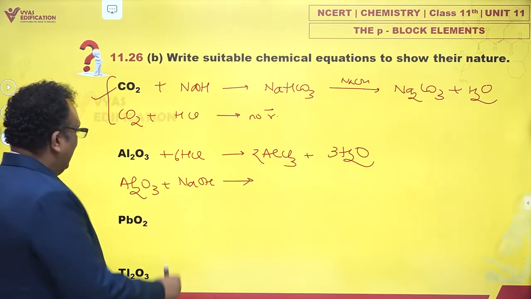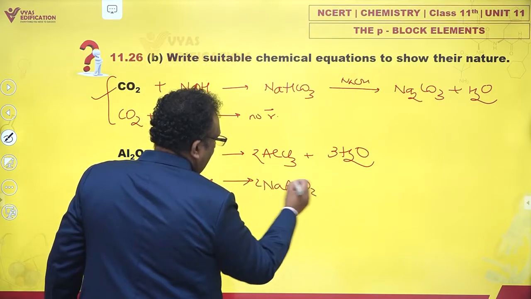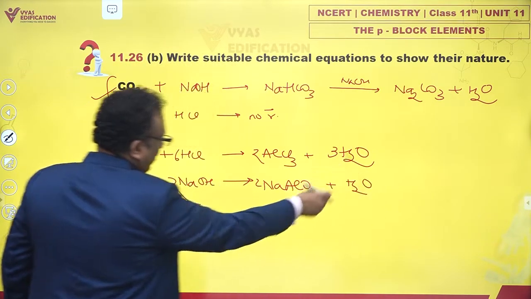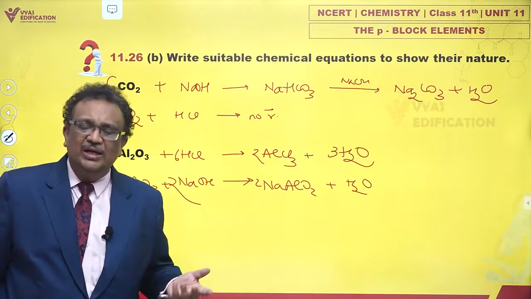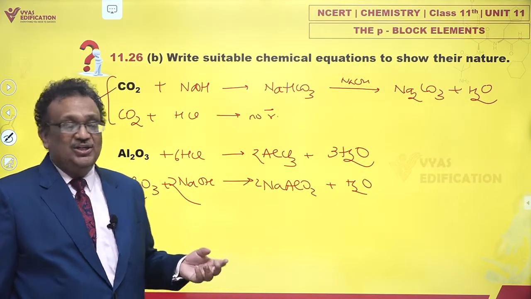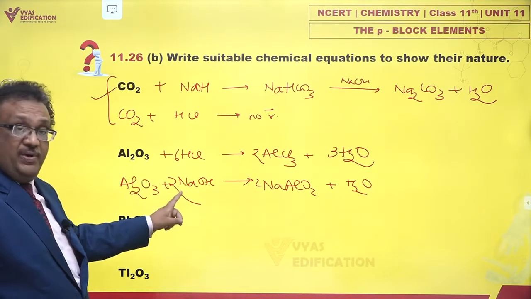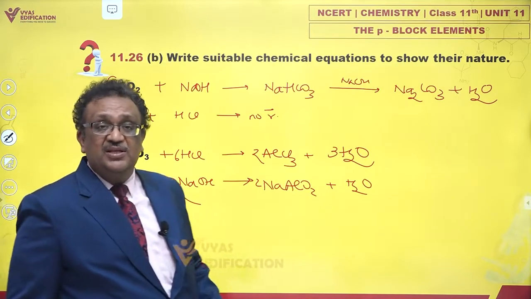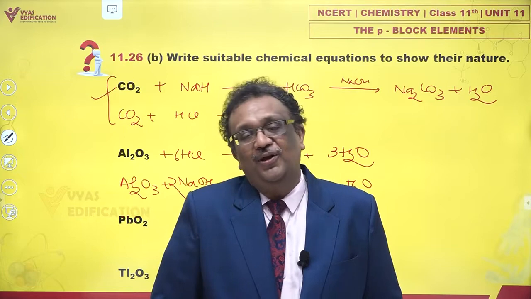Aluminium oxide also reacts with a base to form a salt and water once again. So what is aluminium oxide? It becomes amphoteric in nature because with a strong acid it behaves like a base, with a strong base it behaves like an acid, and the substances which do this are classically termed as amphoteric.